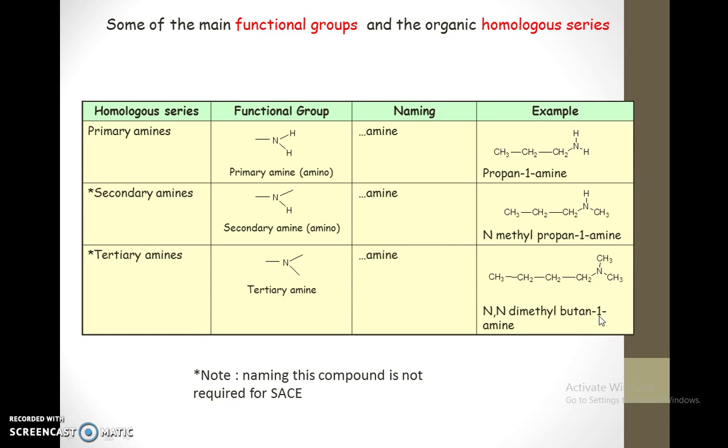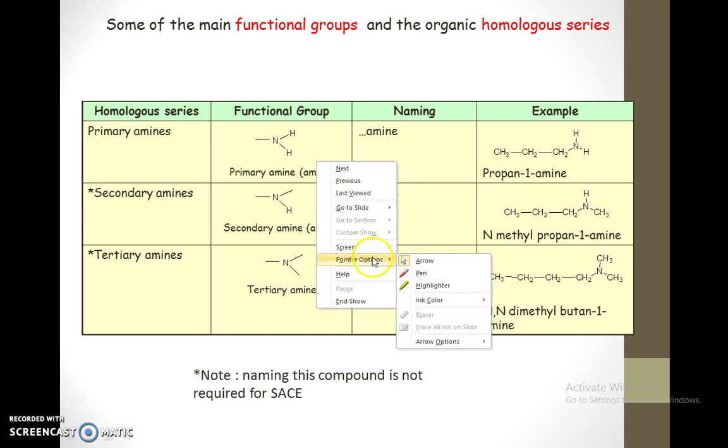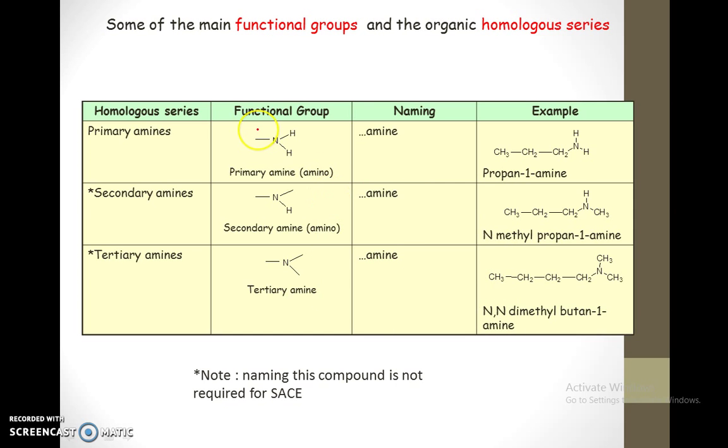Another example of homologous series, amines. There are 3 types of amine: primary, secondary and tertiary. In your syllabus, you need to know only primary. Secondary and tertiary is not covered.